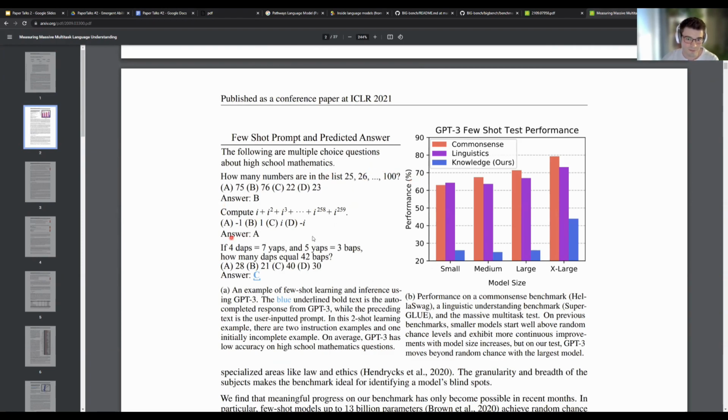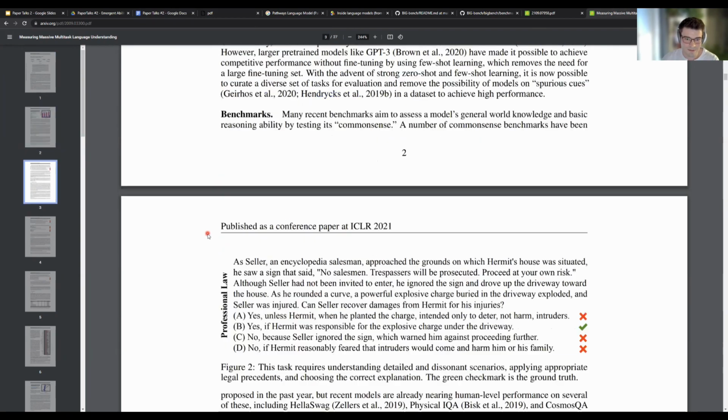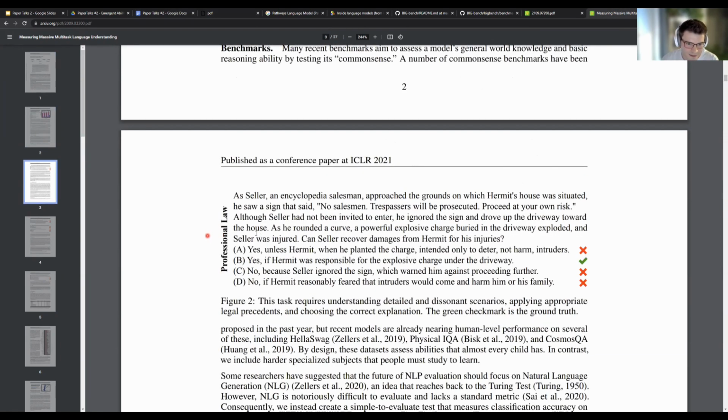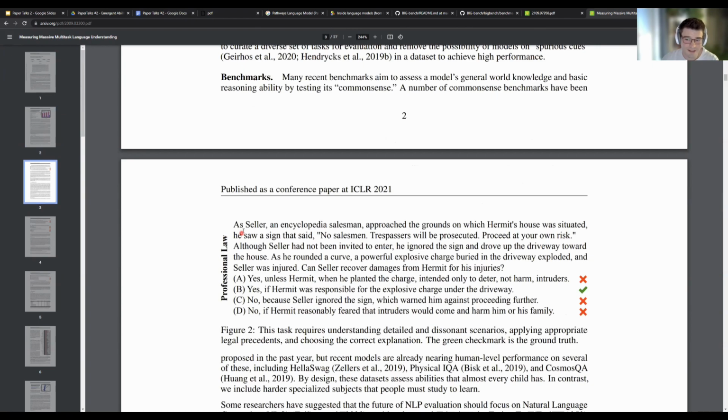Here we have also some mathematical question, which is actually a little bit harder, but there are examples from professional law. Like here we have some story about that, and actually these aren't really easy.